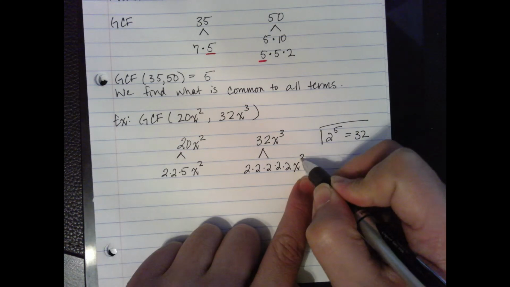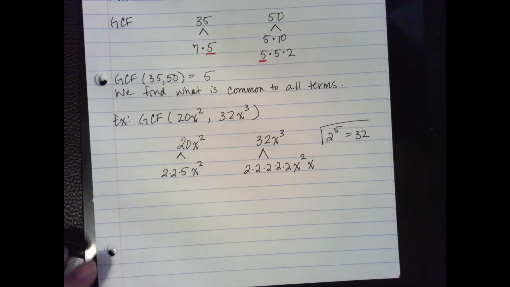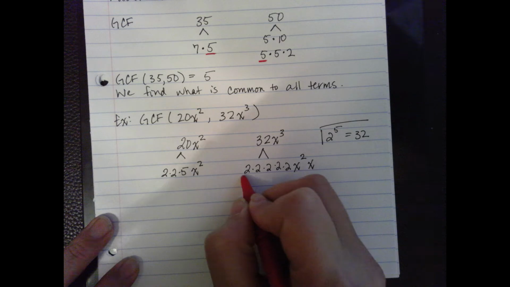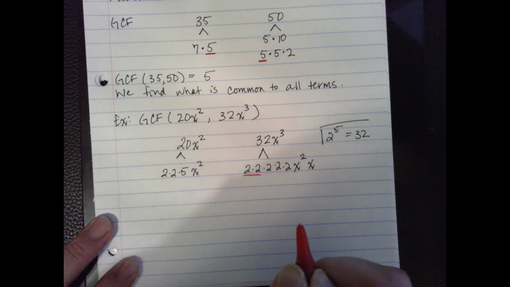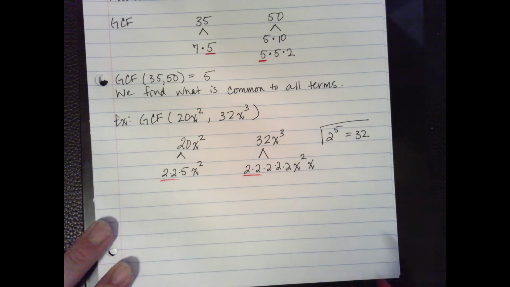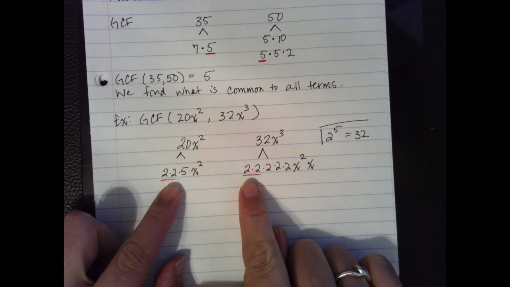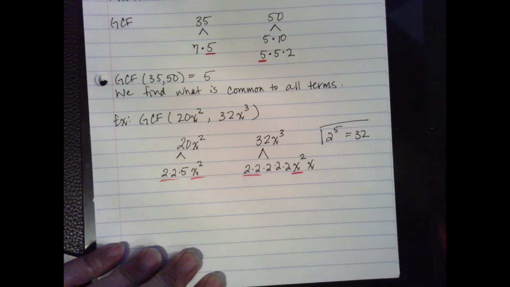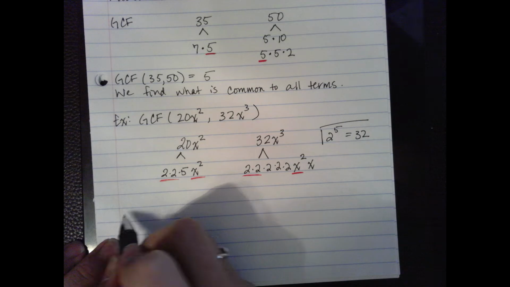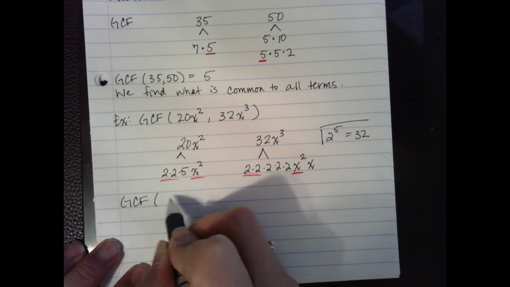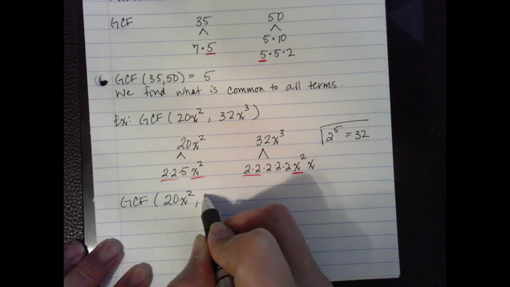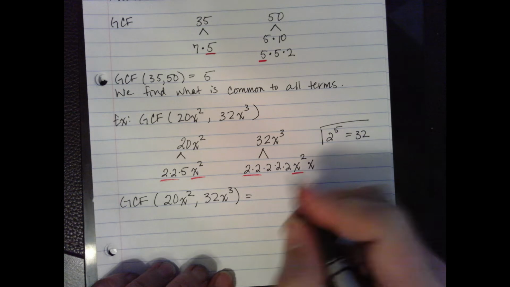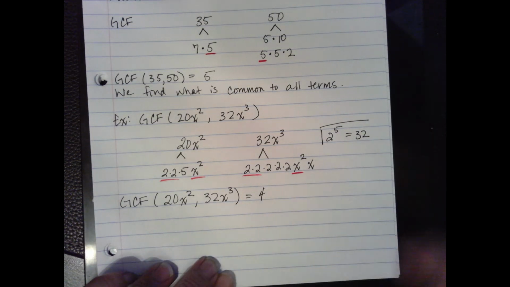And then I have an x squared being multiplied to x. So to highlight my GCF, I have 2 twos here and 2 twos here. So that needs to be in my GCF. I also have an x squared here and an x squared here. So the GCF of 20x squared and 32x cubed is equal to 2 times 2, which is 4, times x squared.